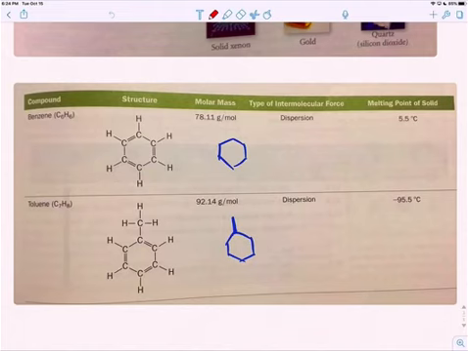Why is toluene different? It has that kink in it. It has that extra edge, and because of that, it's harder for toluene to form a really good network solid. Whereas benzene, it's easy. It's a honeycomb, a hexagon. It can really link together very well. So that's the reason why it is.